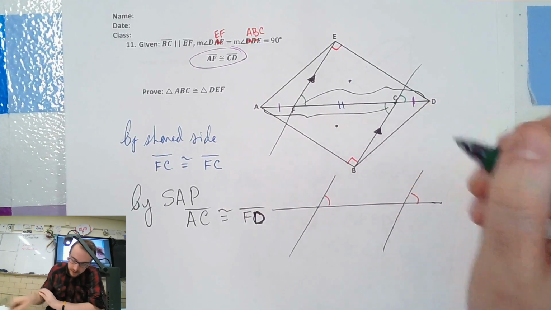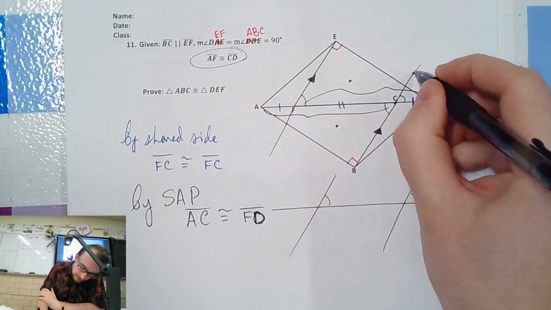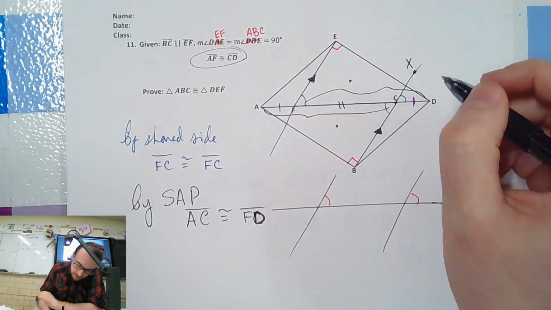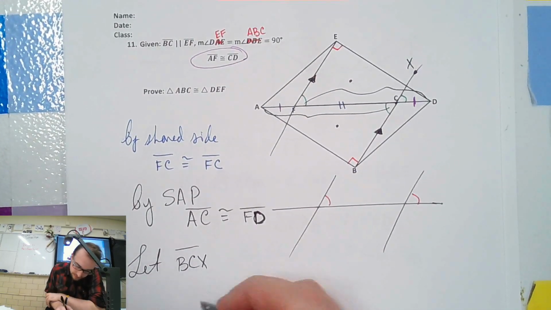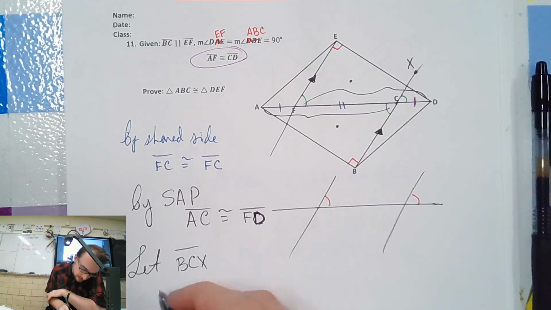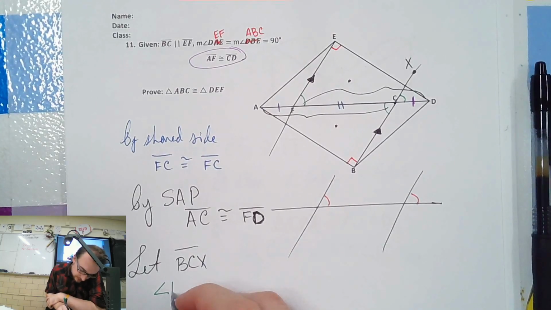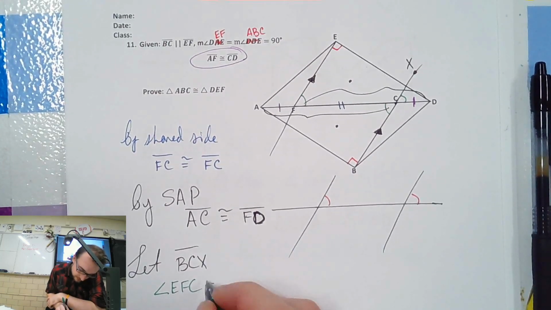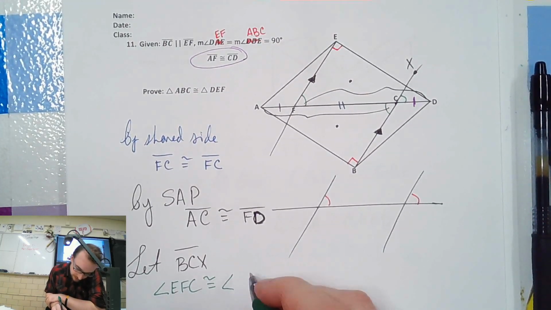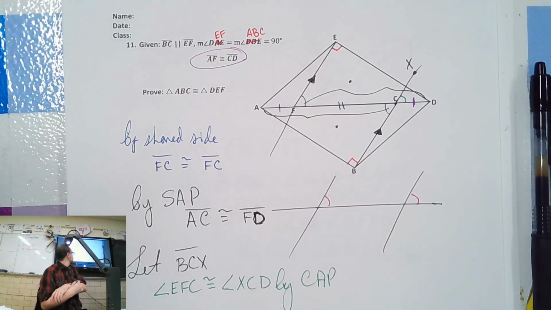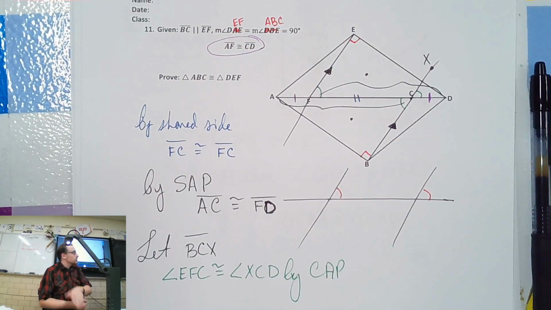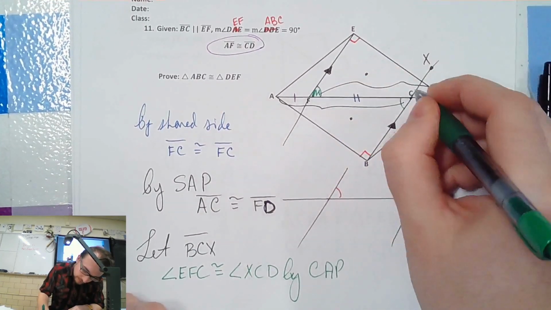So what I'm going to say is, if I extend this line out, let BCX exist, then I know that angle EFC is congruent to angle XC by CAP. Right? So I know these two angles are the same by CAP.